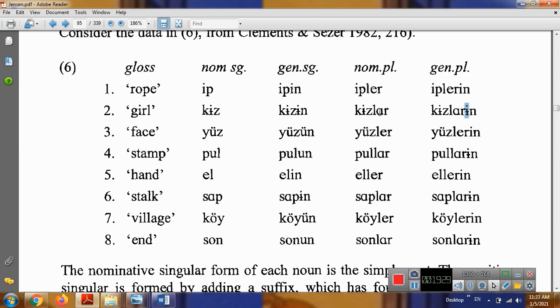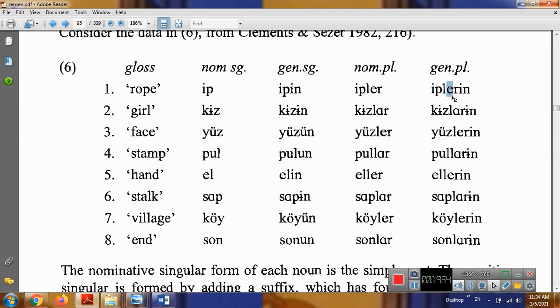Here we have the plural form of the word, and we want to add the genitive suffix in. I want to find the shared feature between the vowel of the suffix and the vowel of the plural suffix.